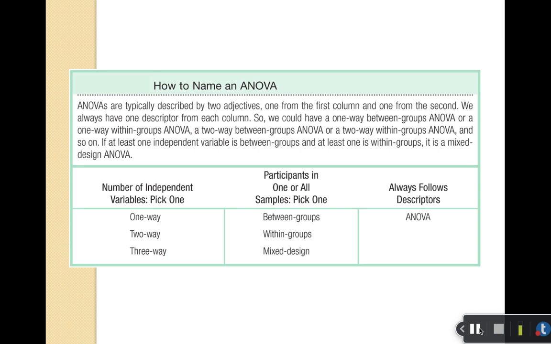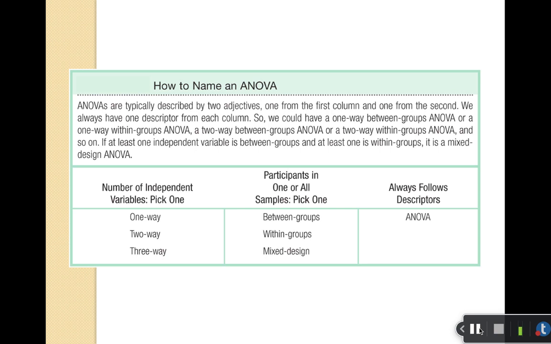First, the number of independent variables we have: one-way, two-way, three-way. Obviously there are more than three, but we'll keep it simple. The second piece of information is whether it's between groups, within groups, or a mixed design. And then we always follow it at the end with ANOVA.